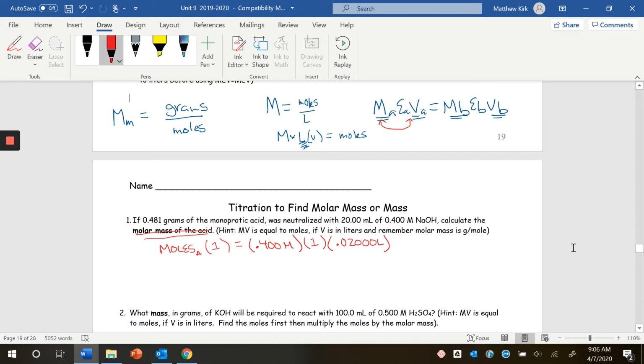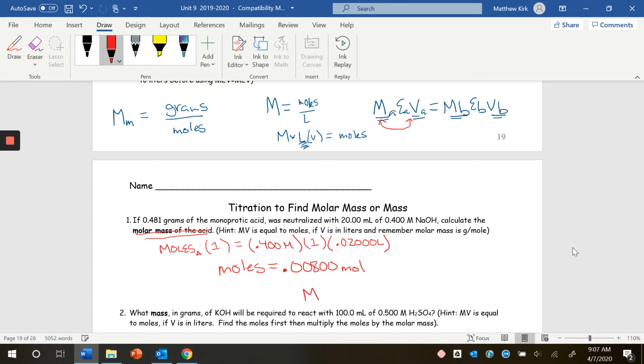So we do our math here. 0.4 times 1 times 0.02, divide by 1, and I get my moles of my acid, equaling, with the right number of sig figs, 0.00800 moles. And so that tells me how many moles of my acid we have. But we're not done. Now we need molar mass.